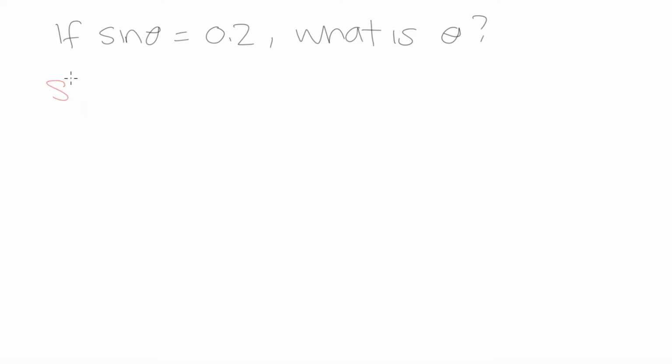What we're going to do is very similar to what we did in our previous example. If you had a calculator, you would press shift and press the sine button, and that would give you this sine negative 1 function. Or if you're using a computer, you can type in arcsine.